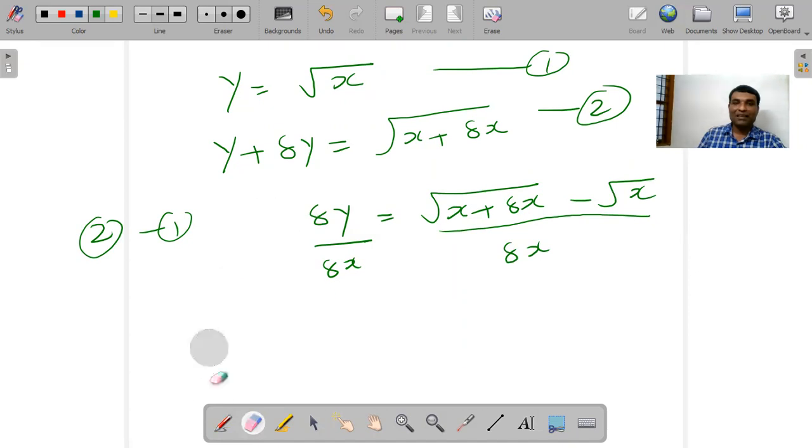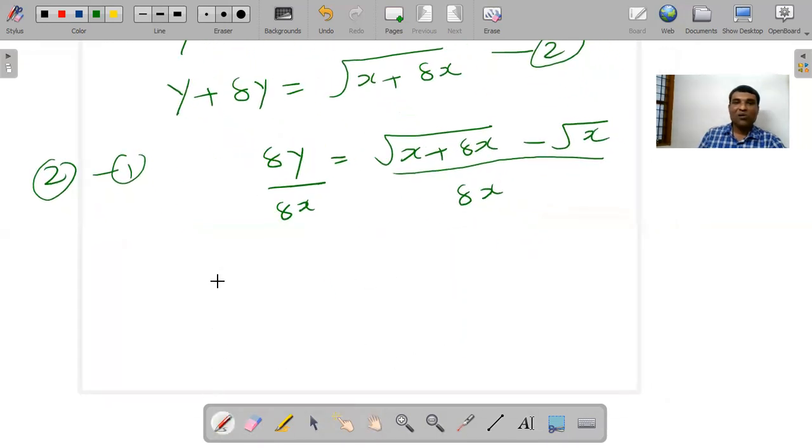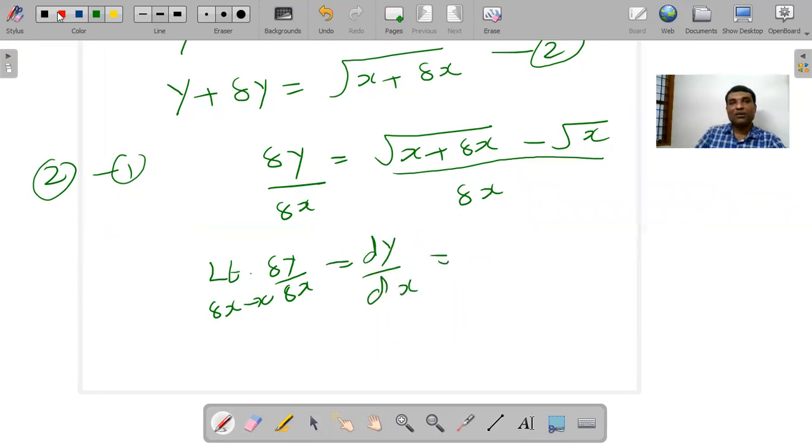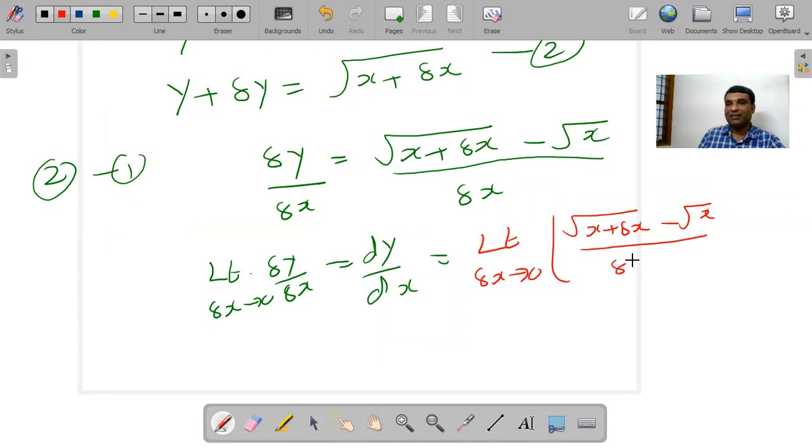Now apply the limit. So we can write this as limit delta x tends to 0 of delta y by delta x. This is nothing but our derivative dy by dx. So we have to apply the limit on the right-hand side also. That is limit delta x tends to 0 of the square root of x plus delta x minus the square root of x, divided by delta x.